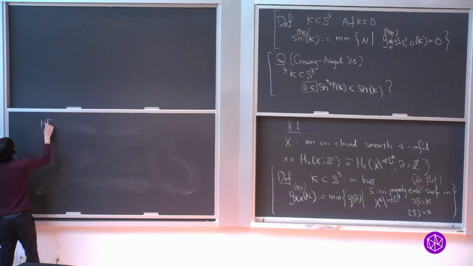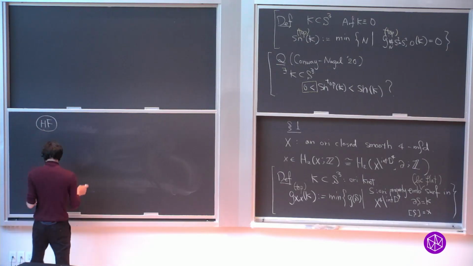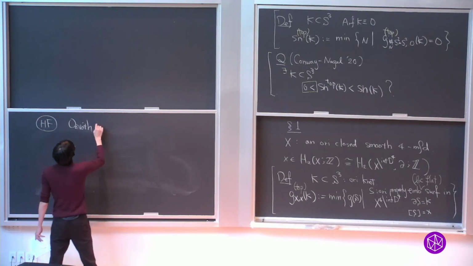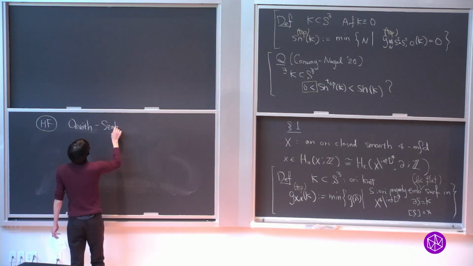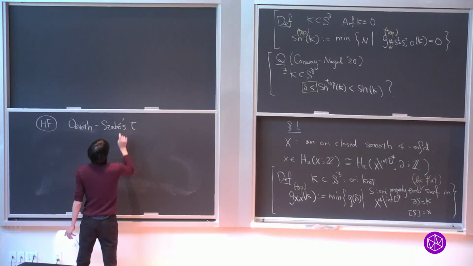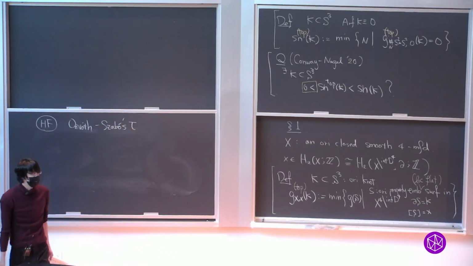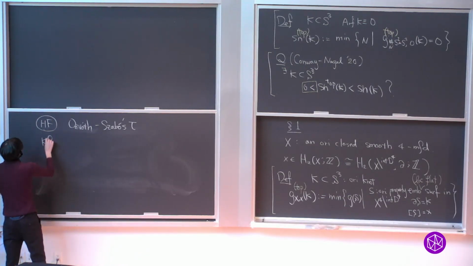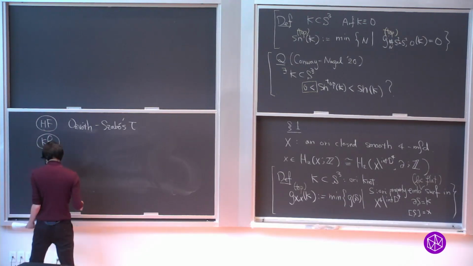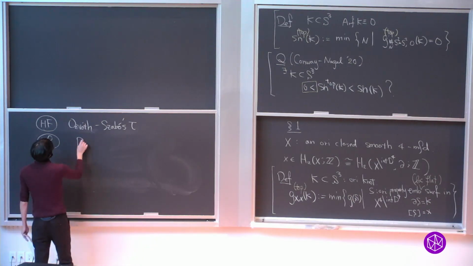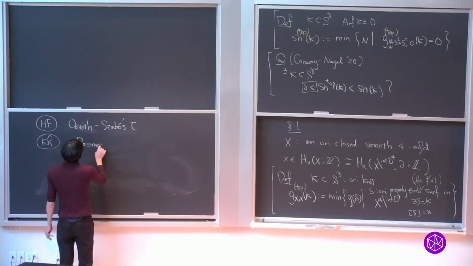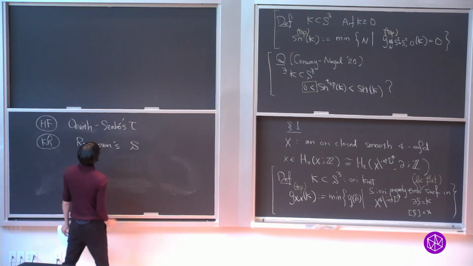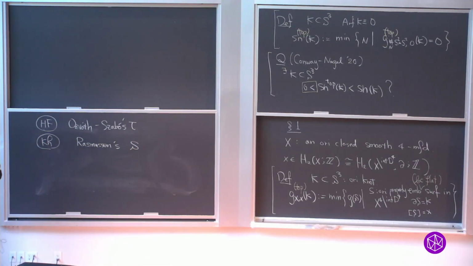In Heegaard Floer theory, the Ozsváth–Szabó tau invariant gives a lower bound in any negative definite four-manifold. And in Khovanov homology theory, the Rasmussen invariant also gives a lower bound in S^4.